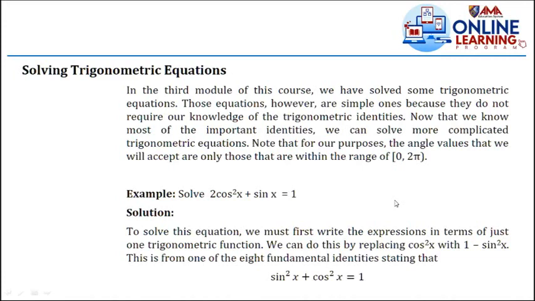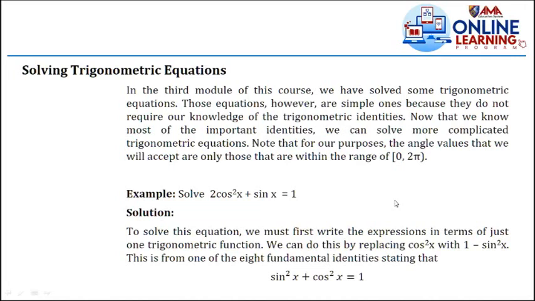Note that for our purposes, the angle values that we'll accept are only those within the range from 0 to 2 pi in radians, that is, 0 degrees to 2 pi radians. 0 radians is the same as 0 degrees, whereas 2 pi radians is equivalent to 360 degrees. So if we convert, our range is from 0 to 360 degrees.